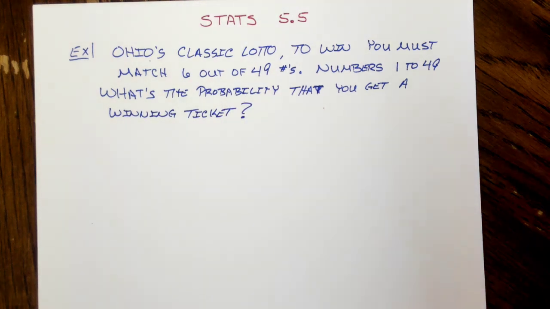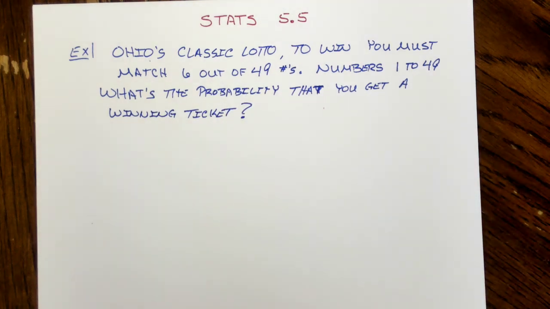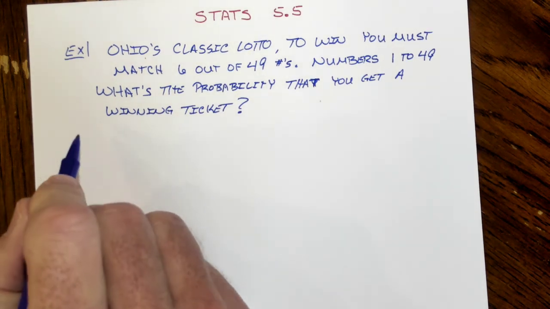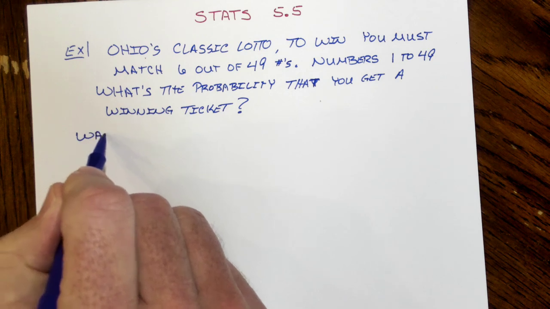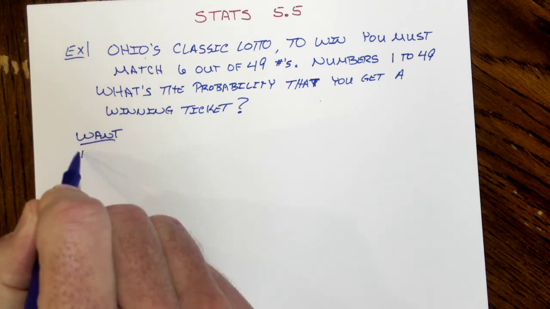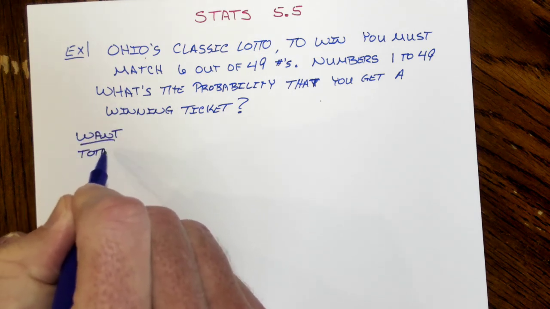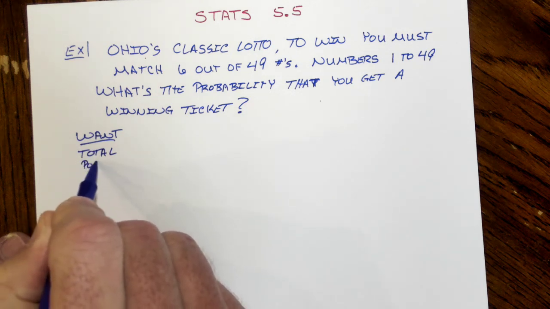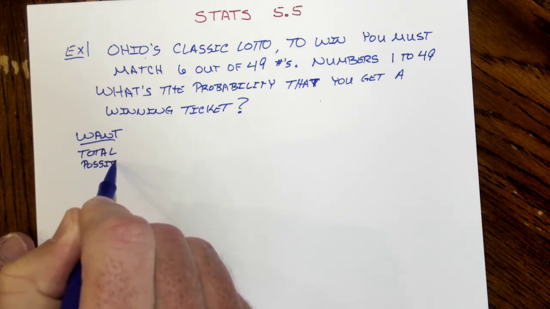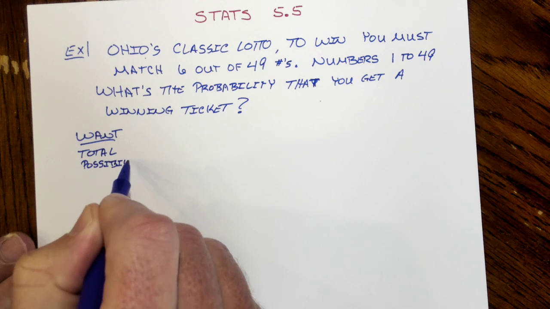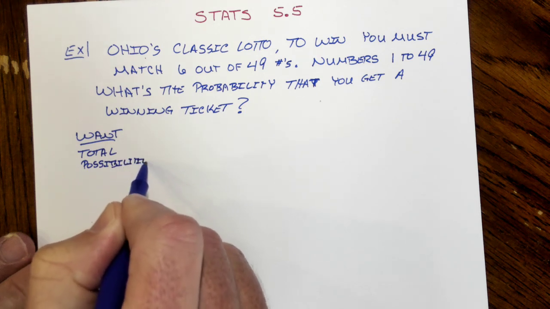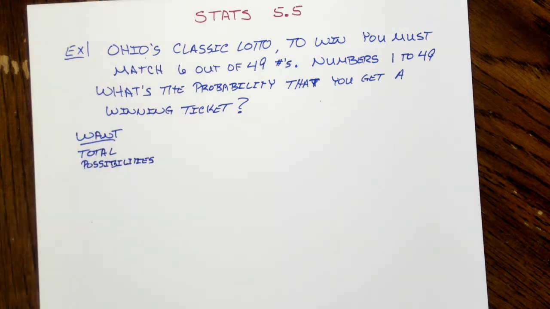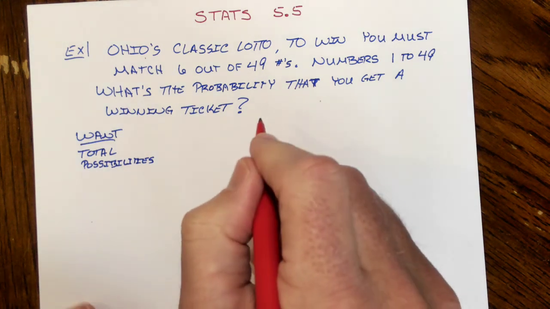Okay, so first and foremost, it's probability: something out of something. What we want, out of total possibilities. So what are we going to do?